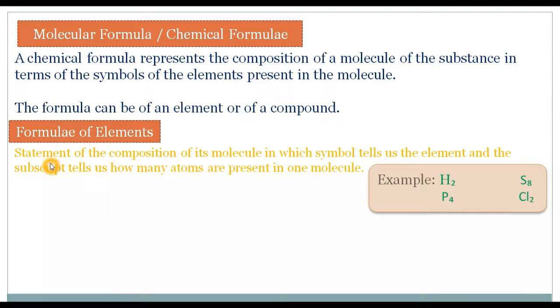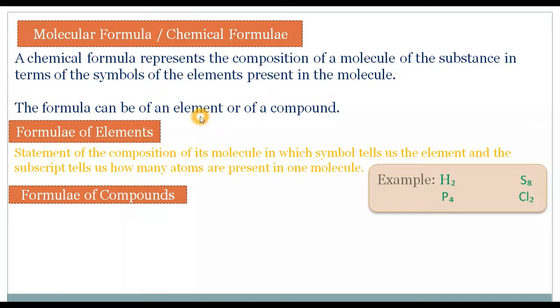Now these formulas were of elements where the same atoms have been combined. Now let's look at the formula of compounds, because we know that a formula can be of an element or a compound. What do we mean by the formula of a compound? That means where atoms of different elements have been combined.